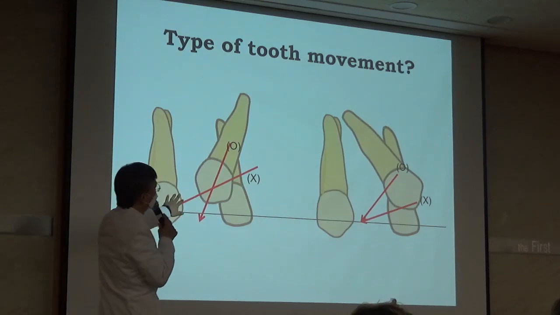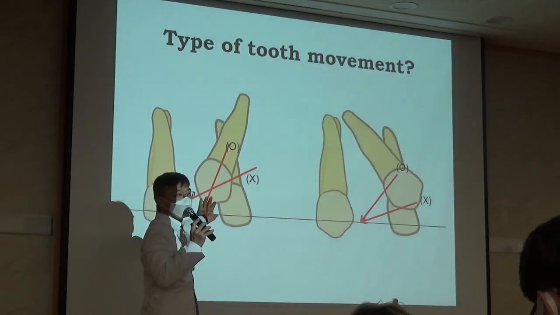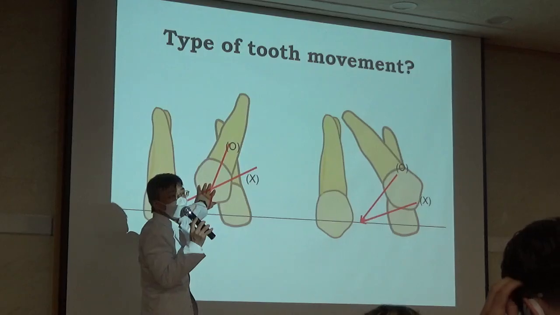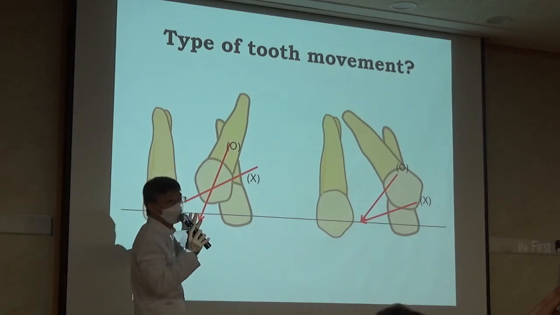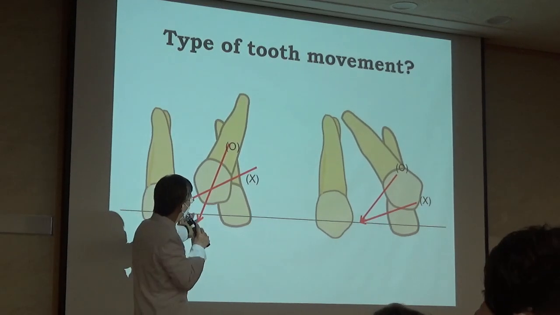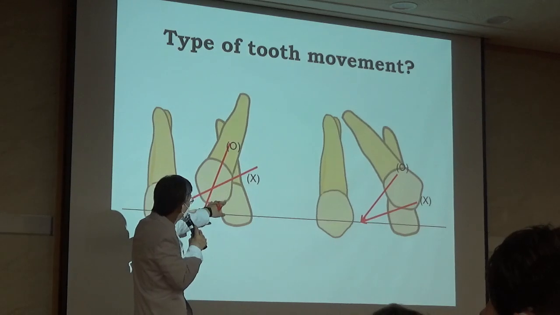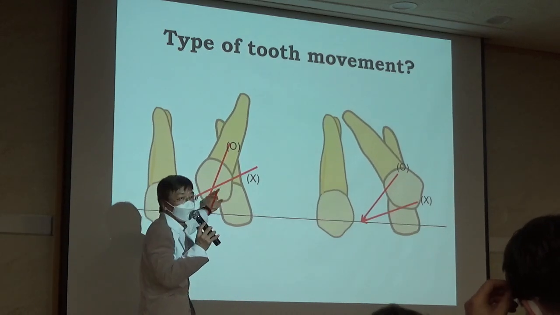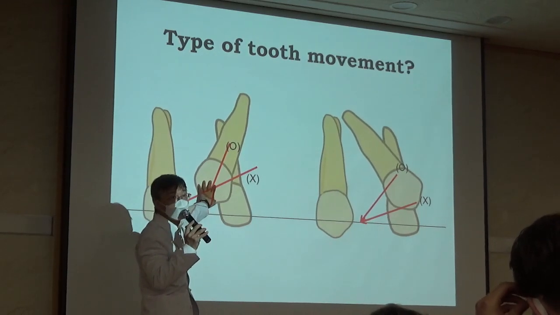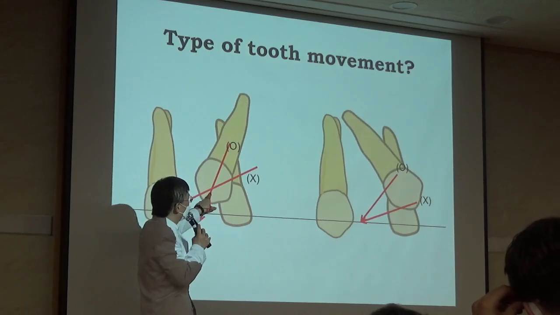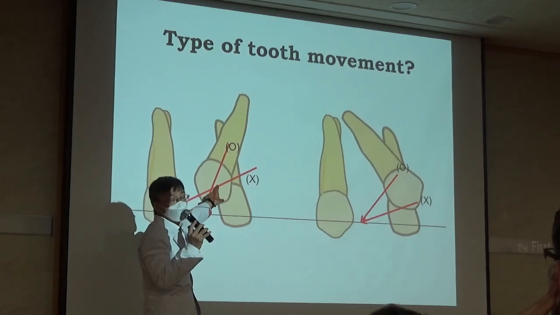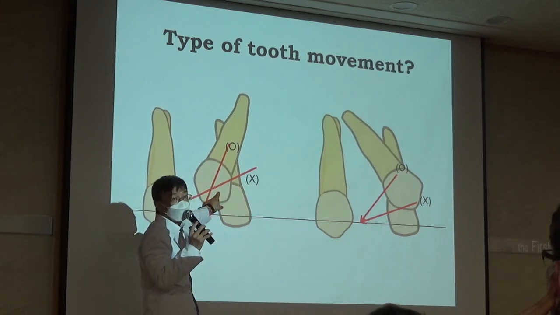Now, this is the situation. You want to relocate the canine to this position. You want to try this rule just because it's an impacted canine. You barely were able to put an attachment on here.